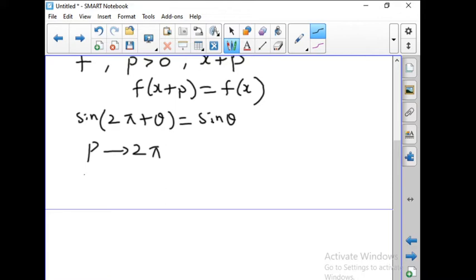Similarly, what about cos of 2 pi plus theta? In the place of theta we can also take x. It is cos theta. Therefore, the period of cos theta or cos x is 2 pi.